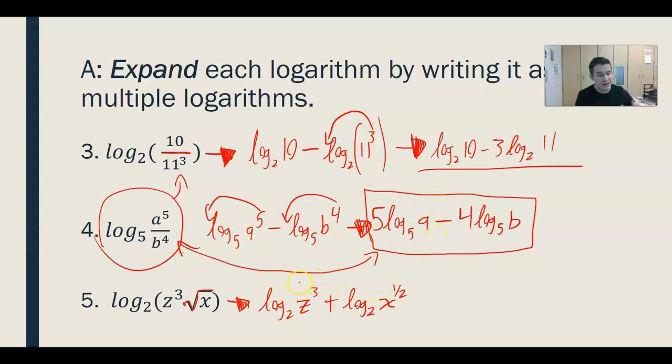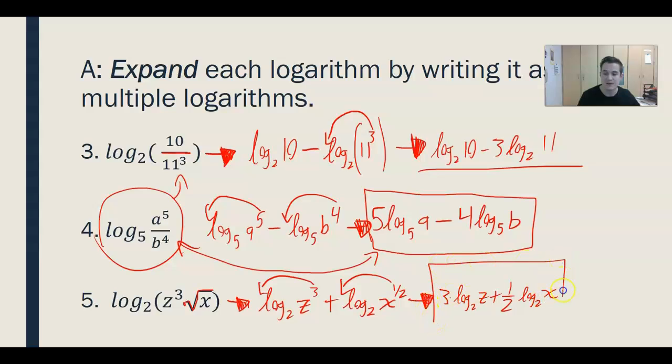Well, if I want to expand this even further, now these exponents will go right in front of the logarithms. So I'm going to have 3 times the log base 2 of z plus 1/2 times the log base 2 of x. So that's how I expand that logarithm.